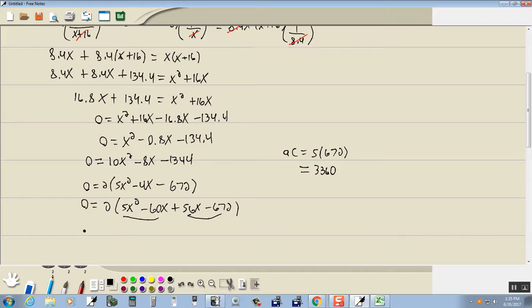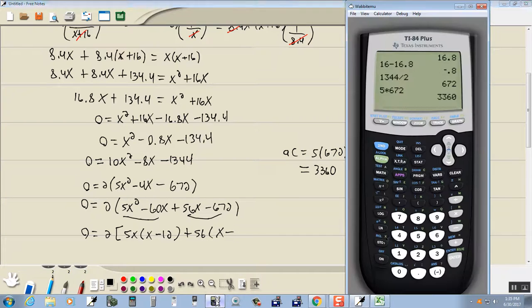And I'll factor by grouping. Here I'll factor out a 5x, and that gives us x minus 12. And then here I'll factor out a 56. I'm guessing that's 12, but let me check: 672 divided by 56 is 12. Okay.